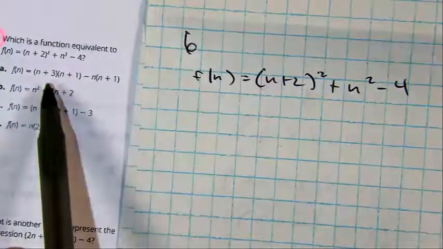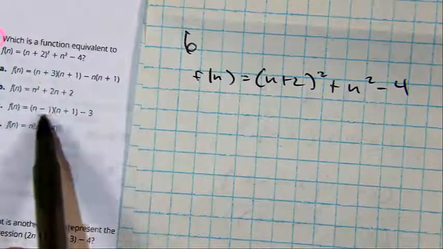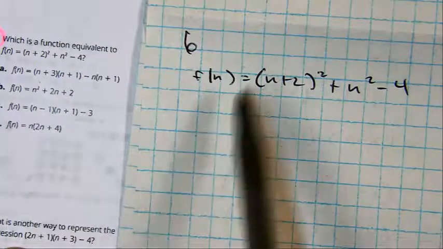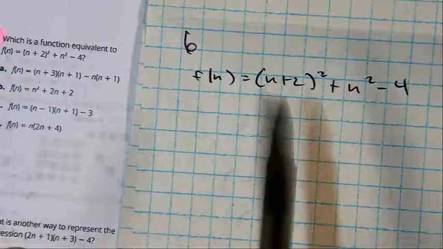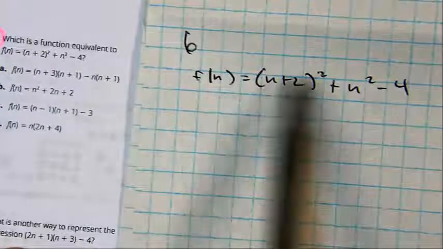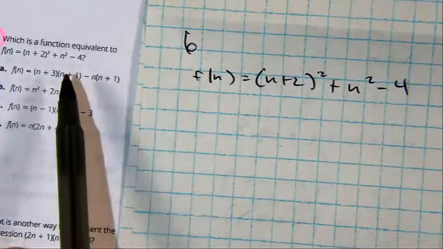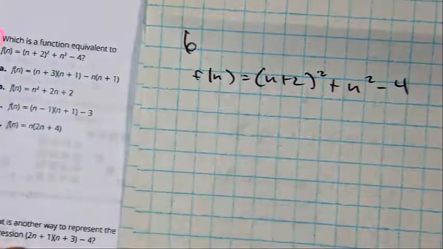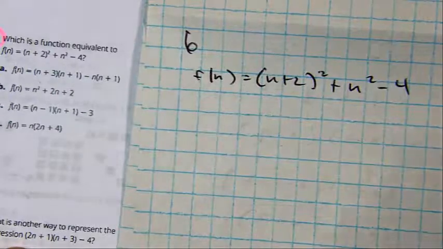So I see some that are factored. I see a standard form, and I see one that I have to distribute. So I'm probably going to simplify every one of these problems, like 4 mini problems, and match up my answer. Might be kind of long, and may not be the fastest way, but I think we'll get there.